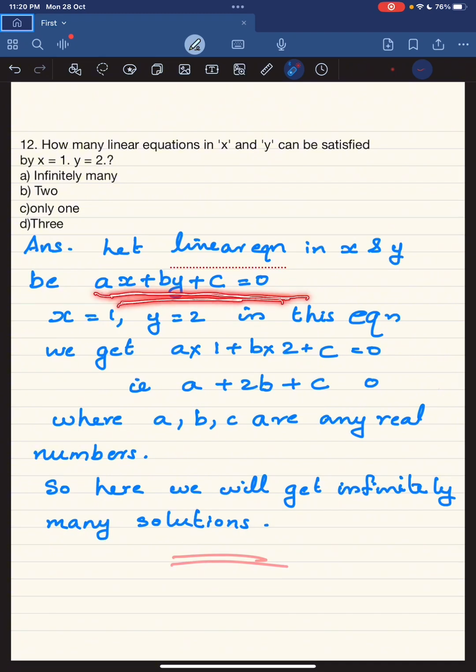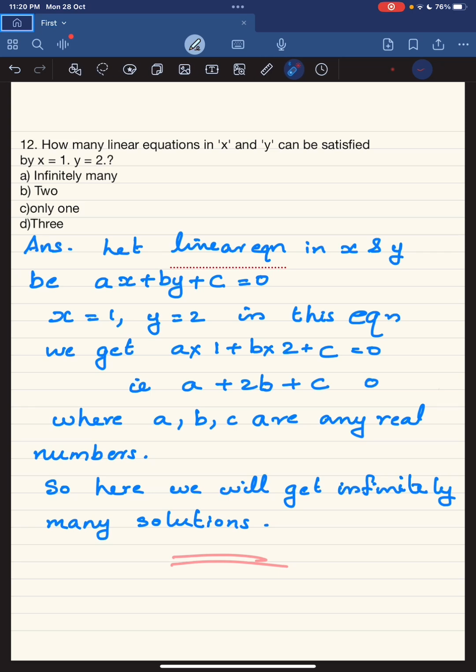So in this equation we have to put x and y values. Here x is equal to 1, y is equal to 2. So we substitute x is equal to 1 and y is equal to 2 in this equation. We get a into 1 plus b into 2 plus c is equal to 0, that is a plus 2b plus c is equal to 0.